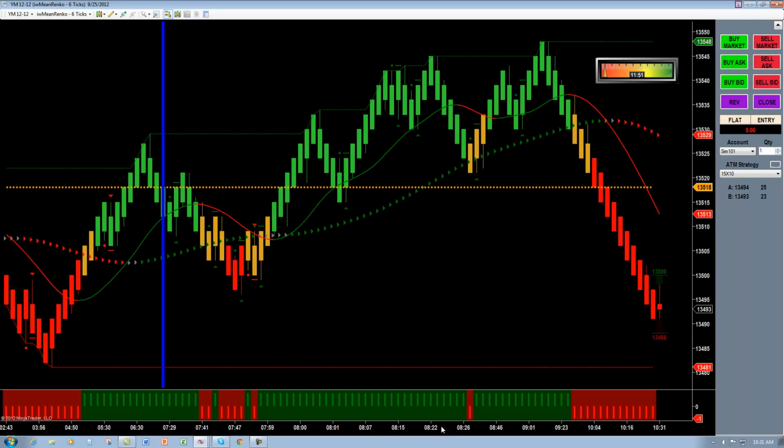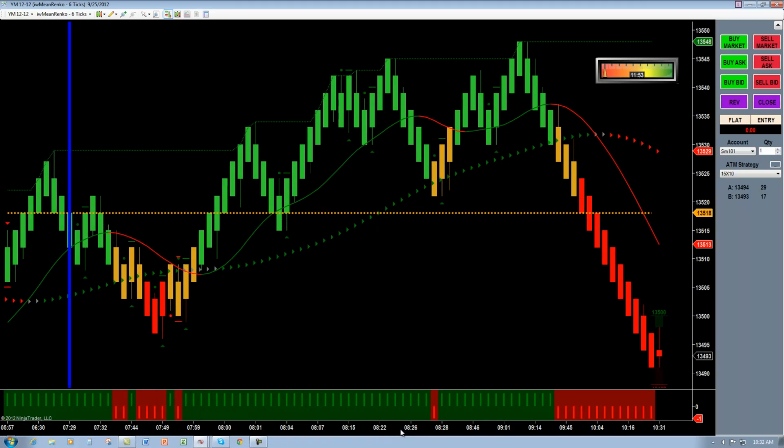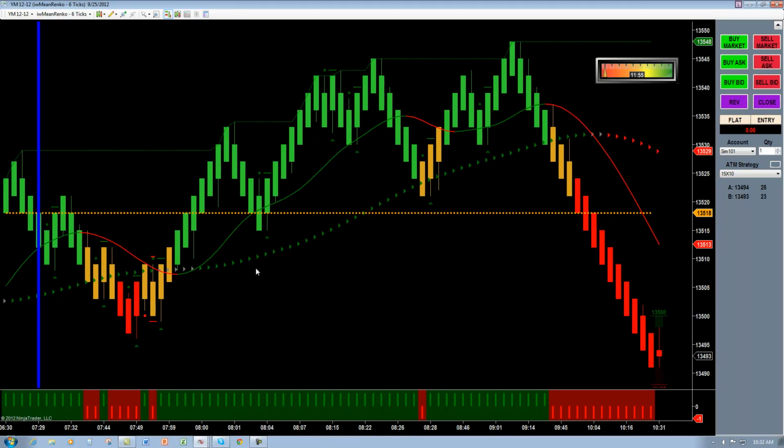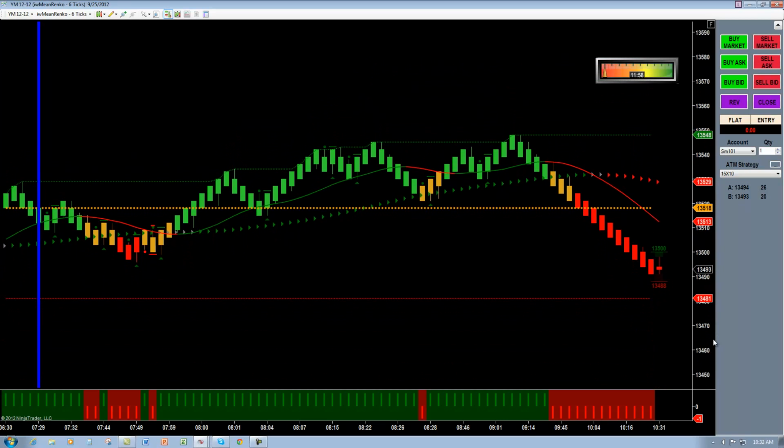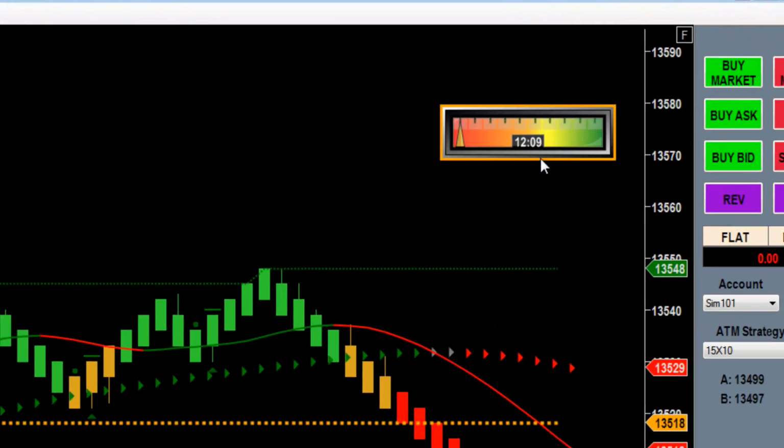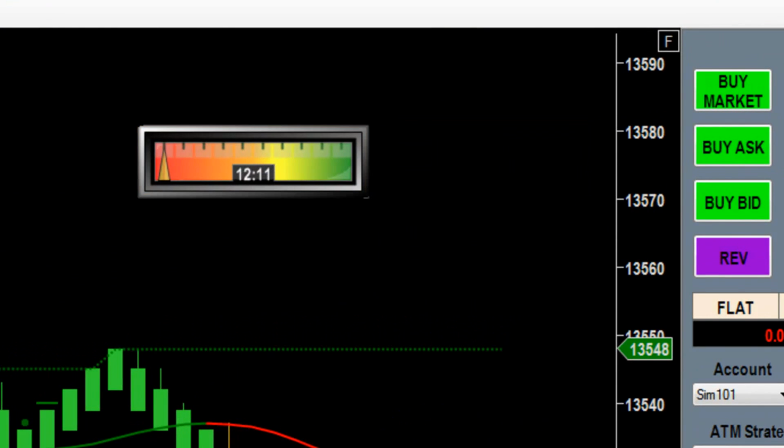Now, even if we stretch this thing out, we make the bars even bigger than what I would normally keep them at, you can see that we have a fair amount of bars. However, usually by 10:30, I like to see at least a screen and a half to 2 screens worth of bars. And keeping an eye here on our OmniTimer, this current bar that we're in right now is 12 minutes old. So that tells me it's a little bit slower as well.